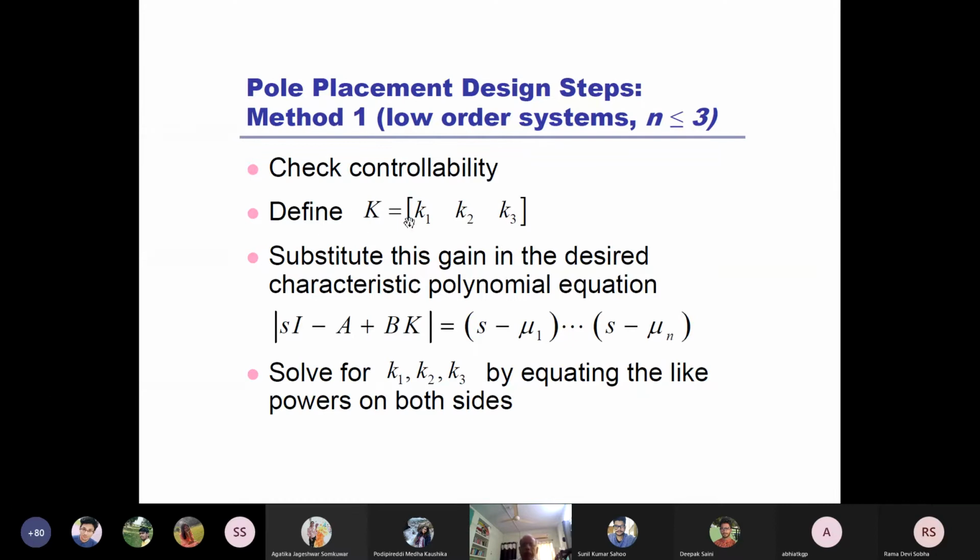Then we define the k, which will be k1, k2, and k3. Then substitute the gain in the desired characteristic polynomial equation, determinant of sI minus A plus Bk, is equal to (s minus mu1) up to (s minus mun), where we know the values of mu1 to mun, and then I solve for k1, k2, k3 by equating the like powers of both sides.